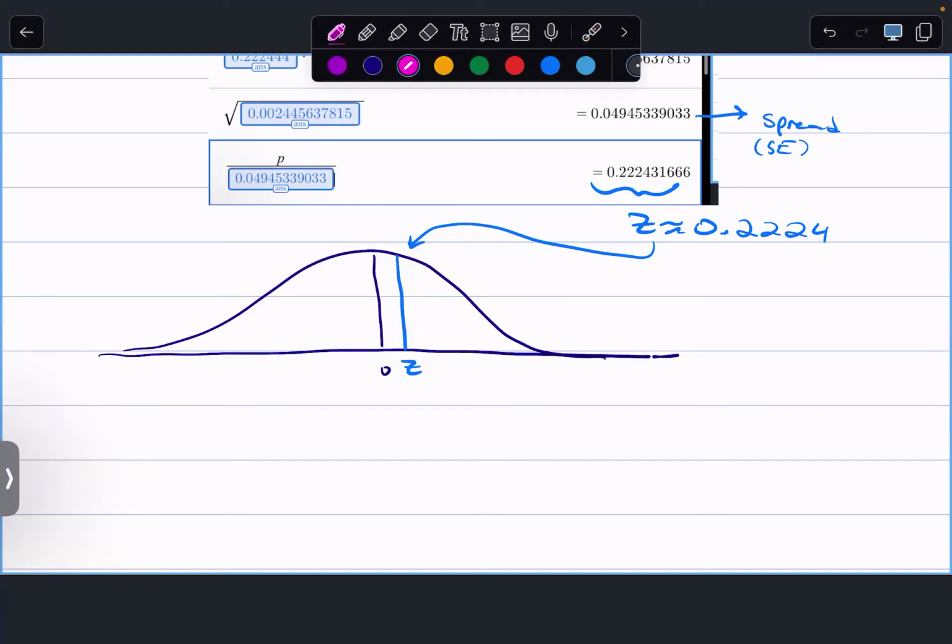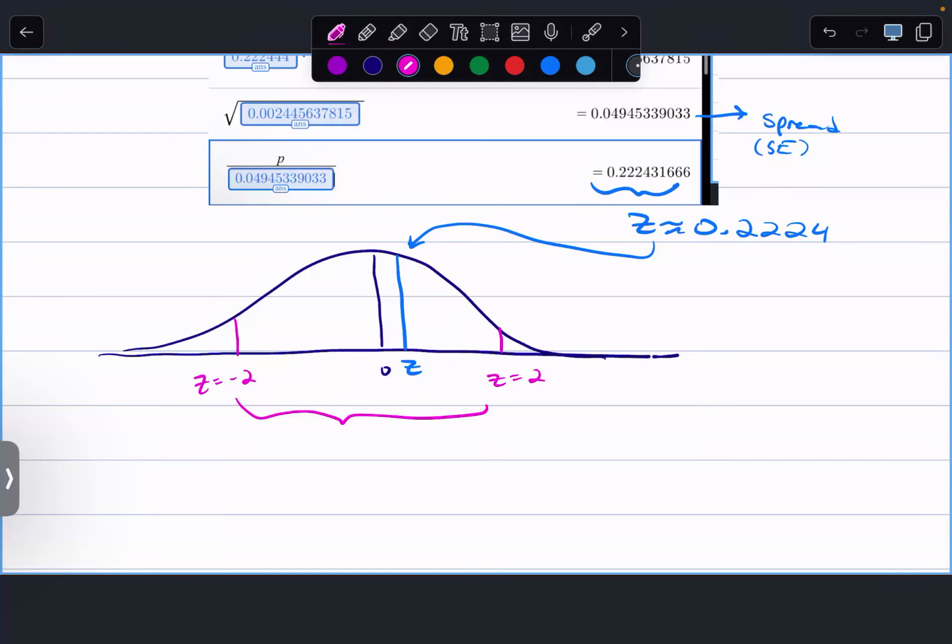In fact, we tend to use a Z equal to -2 and +2 as our cutoff points. In this region, I fail to reject H naught.